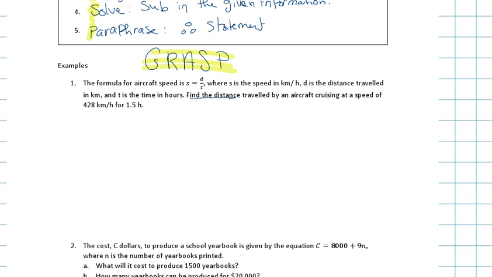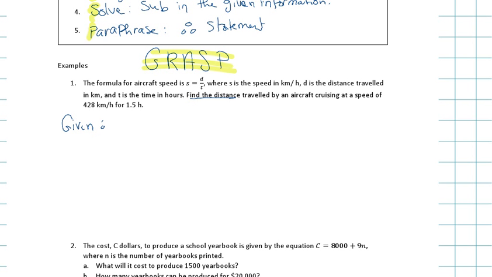What is the given information? So find the distance traveled by an aircraft cruising at a speed of 428 kilometers per hour. So what letter does that 428 kilometers per hour represent?